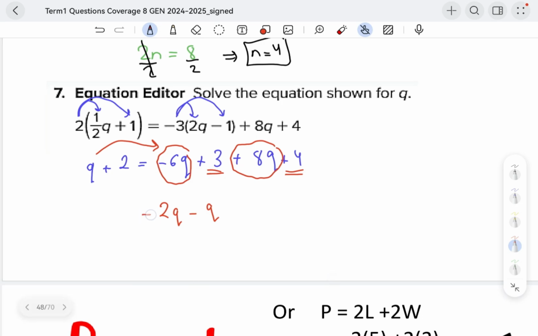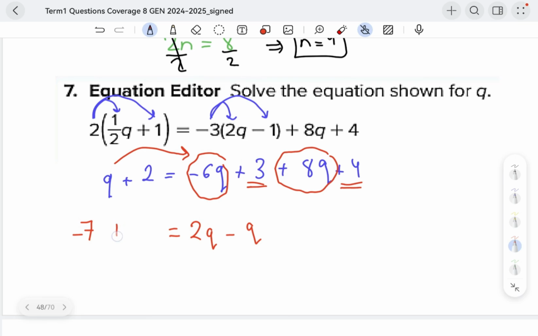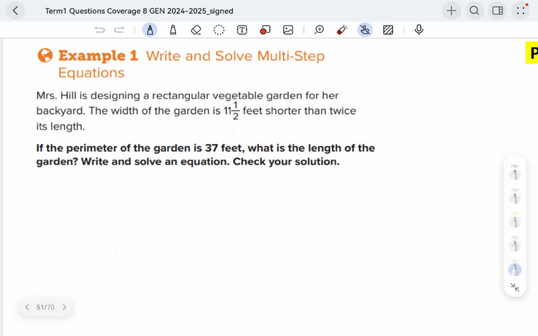And if we move them to the other side, we're going to have negative 7 plus 2. Simplify. 2q minus 1q, this is 1q, equals negative 7 plus 2, this is negative 5. So the value for q is negative 5.